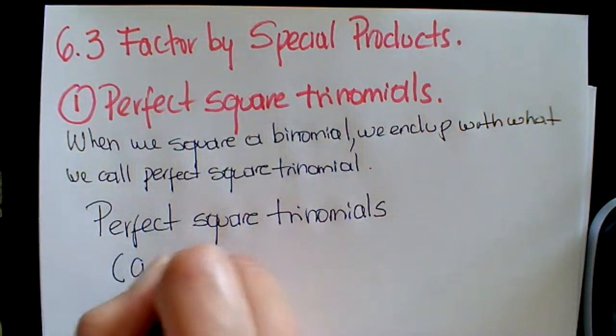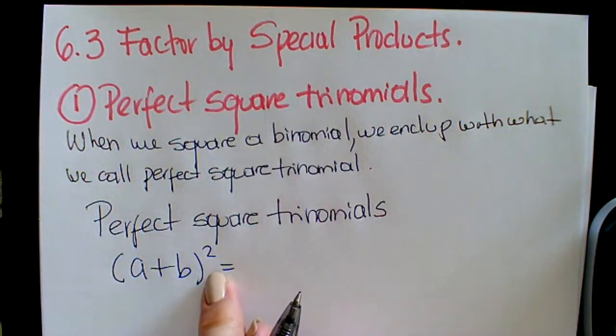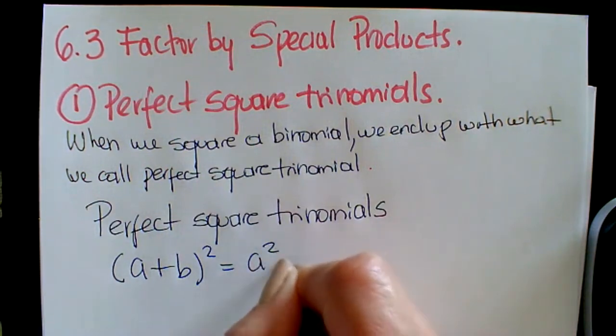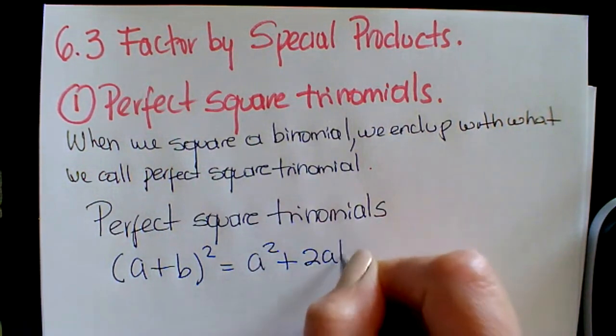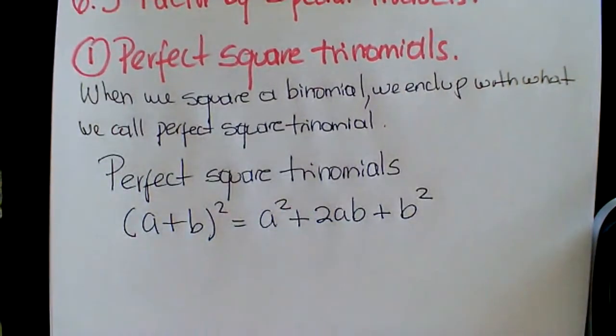is a plus b squared. Like we said, when we square a binomial, we end up with a perfect square trinomial. This is equal to a squared plus 2 times ab plus b squared. And let's do an example.